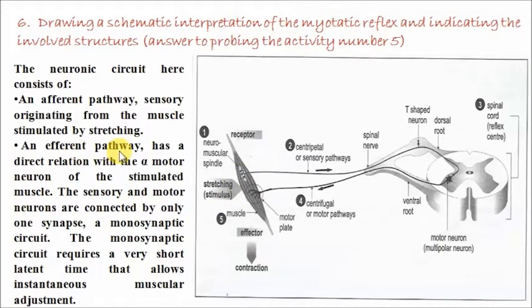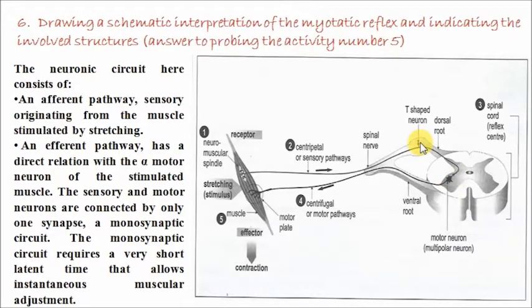We also have an efferent pathway, which by now you know is a motor pathway, which is going to go from the spinal cord to the effector organ. So here, this is the spinal cord. This is the motor fiber. As you would observe, the cell body of the motor neuron is found in the spinal cord, as we have discovered in the previous experiment of Bell and Magendie.